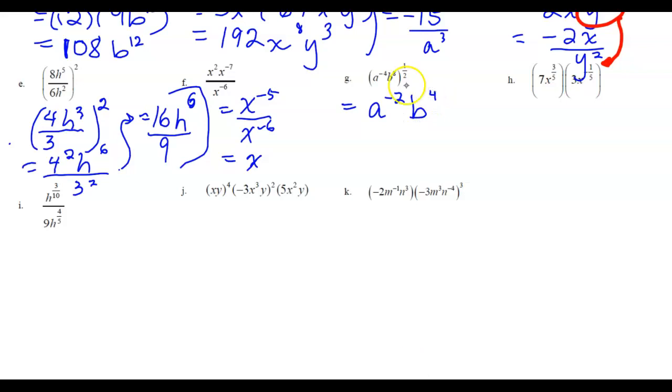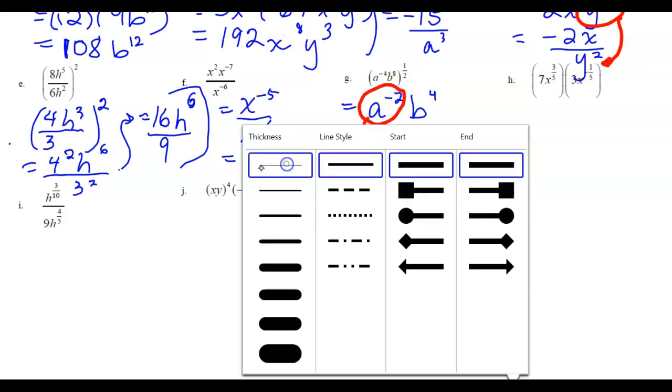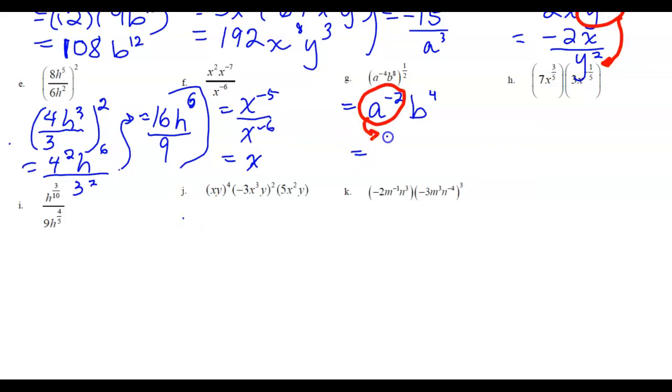So now, this is the only part that has to go underneath. And so this will end up being b to the 4th over a squared. Just going to erase my y here because I can't see exactly.